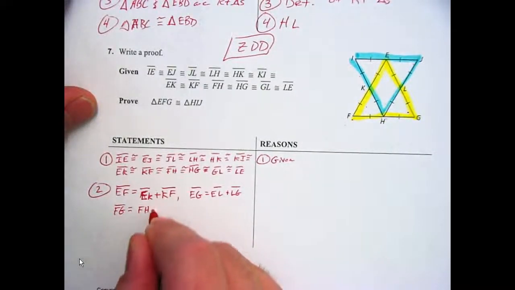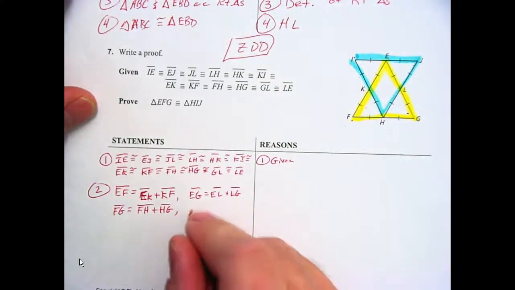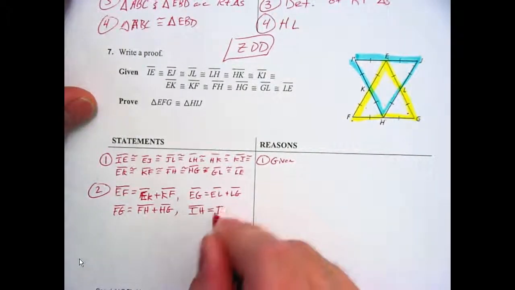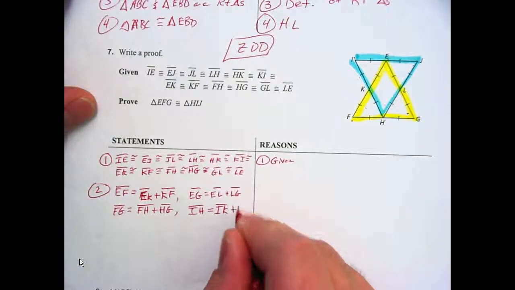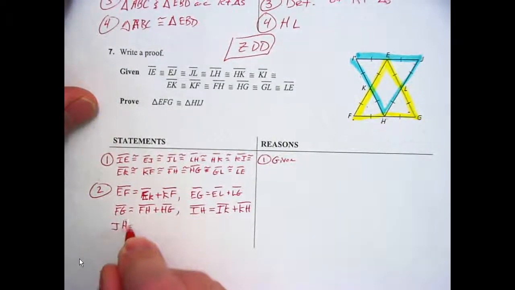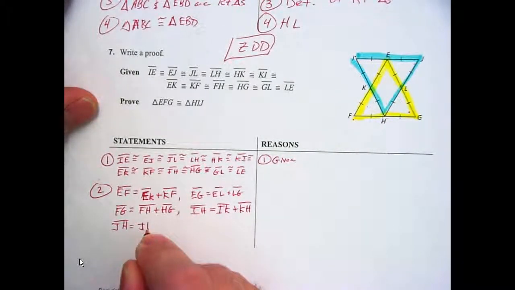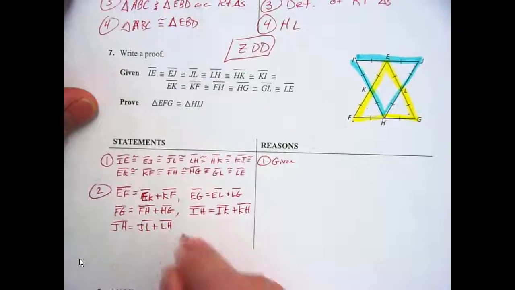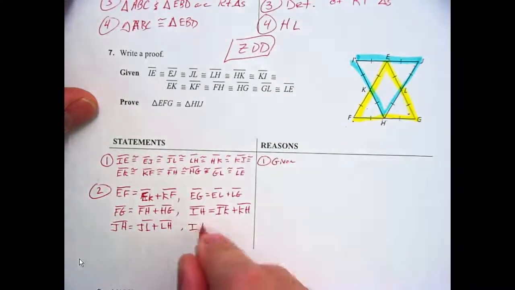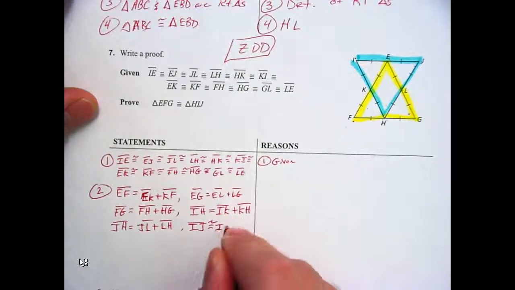I could then say IH is congruent to IK and KH, or is equal to IK plus KH. JH is equal to JL plus LH. And then IJ is equal to IE plus EJ.